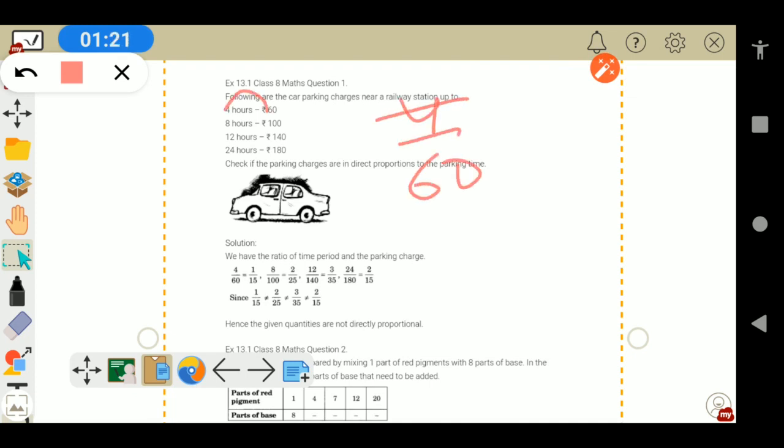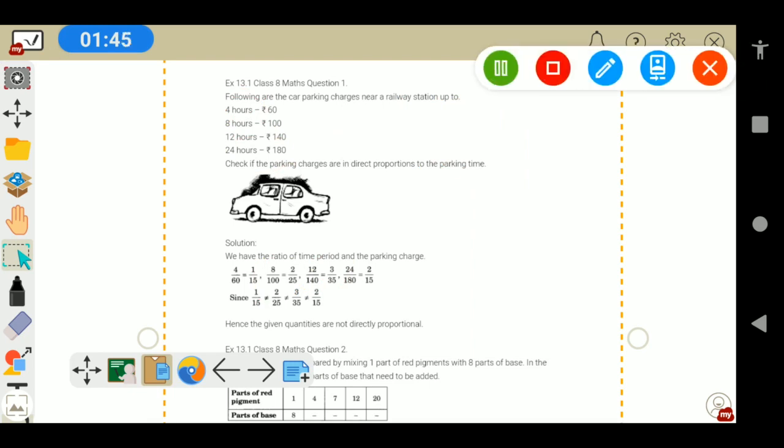We get 4 ones are 4 and 4 fifteens are 60, so 1 upon 15. For the second, 8 upon 100, we get 2 upon 25. For the third, we get 3 upon 35. And for the fourth, we get 2 upon 15.